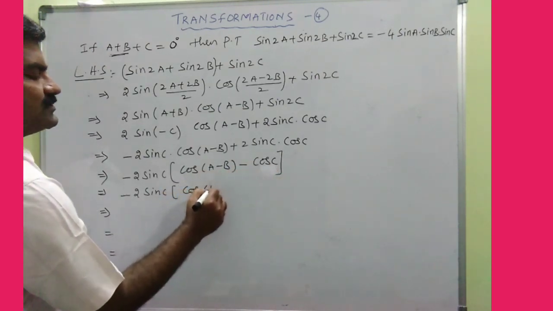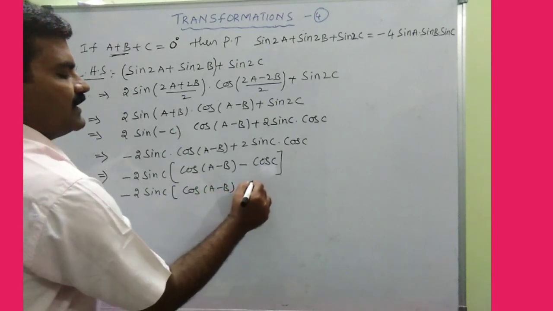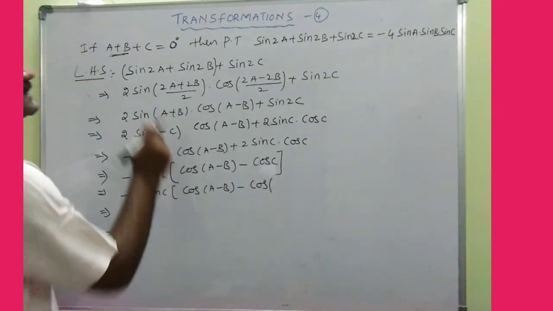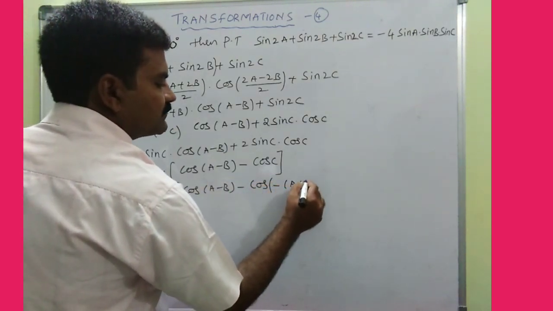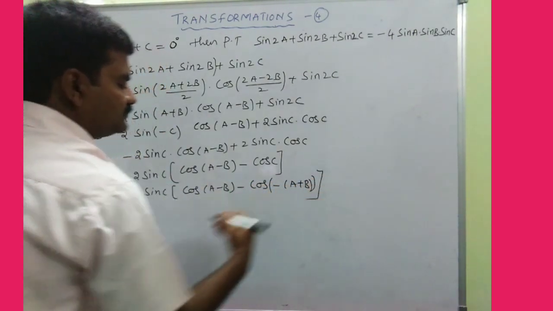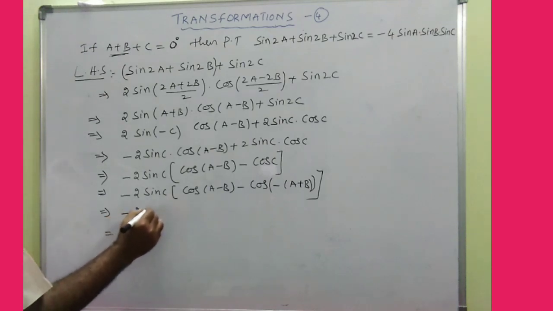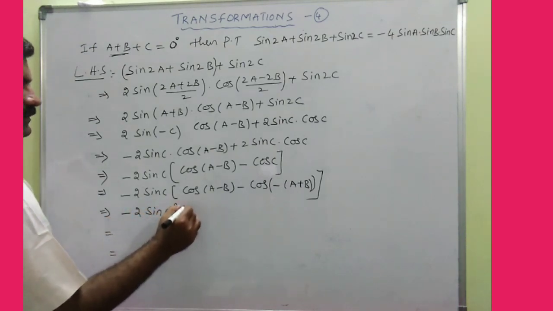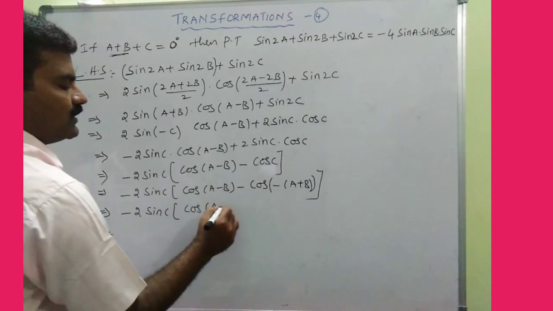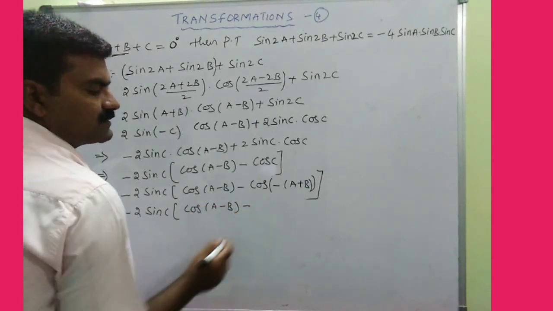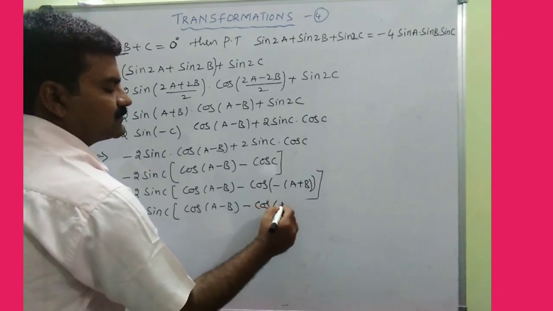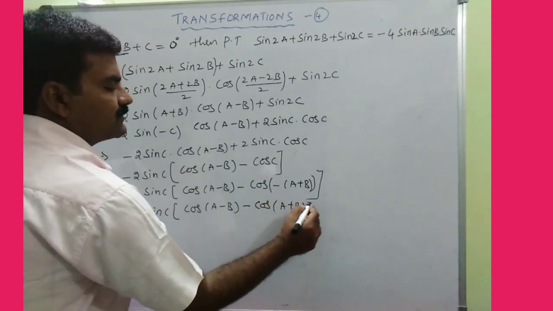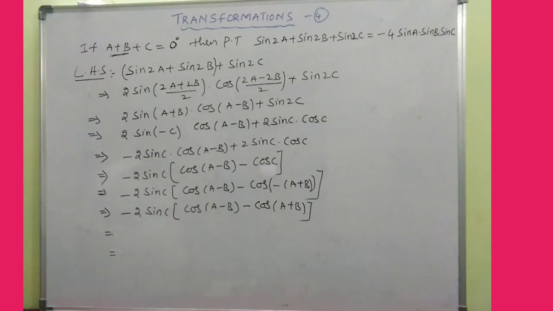So let us change into same, no? Minus cos of c means minus of a plus b, isn't it? What about this one now? Minus cos of minus theta, anyhow cos theta. So which is equals to cos of a plus b.